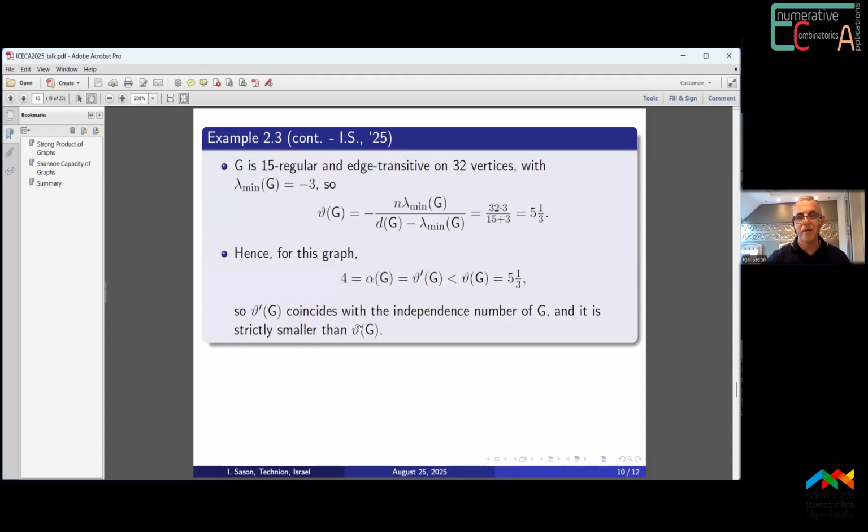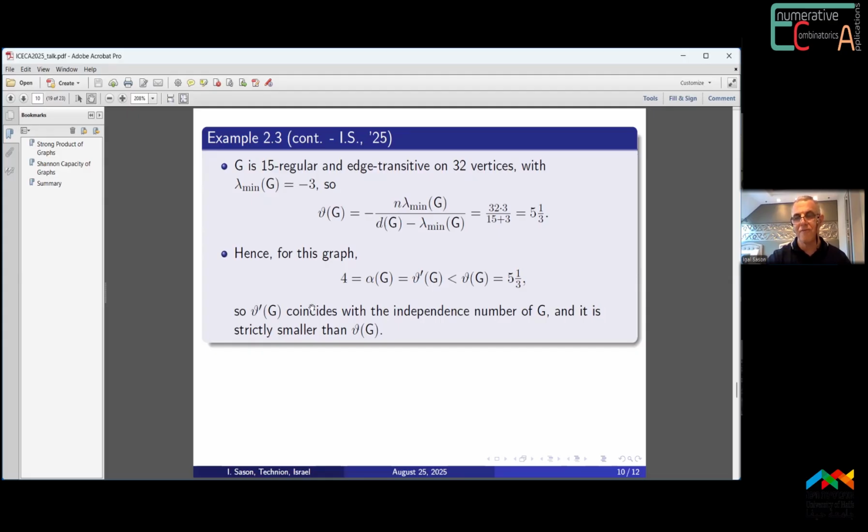So in that case, we have that 4 is equal to the independence number, which is equal to the Schrijver's theta function of G, which is strictly smaller than the Lovász theta function of G, that is equal to 5 and 1/3. So the question is now, if also the capacity of the graph G is 4.